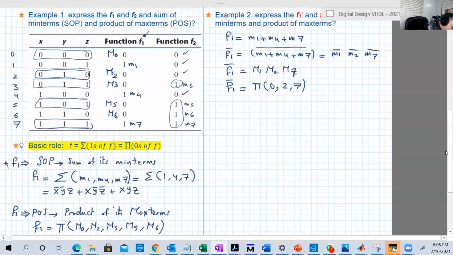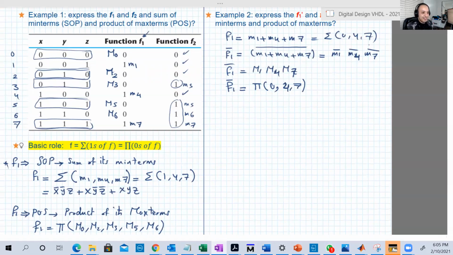So look, f1 is the summation of 1, 4, 7. f1 prime is the product of 1, 4, 7. What is the product of sum? We should guess without even analyzing it.